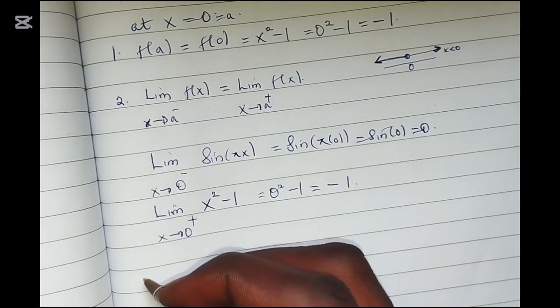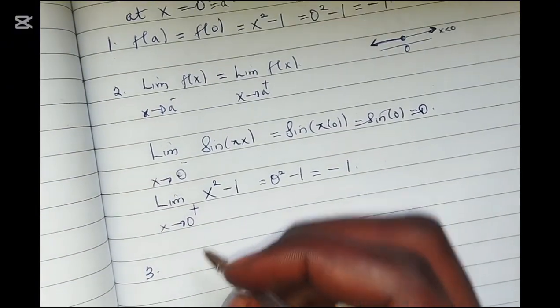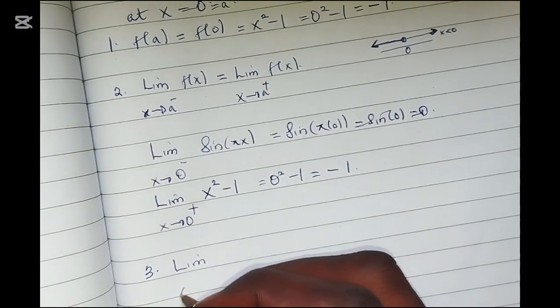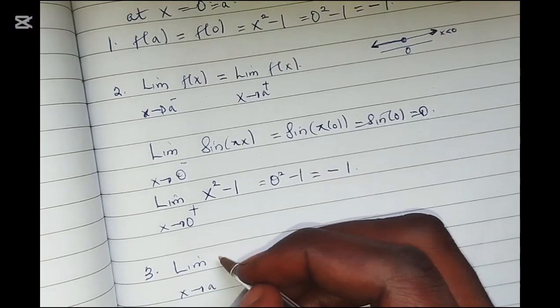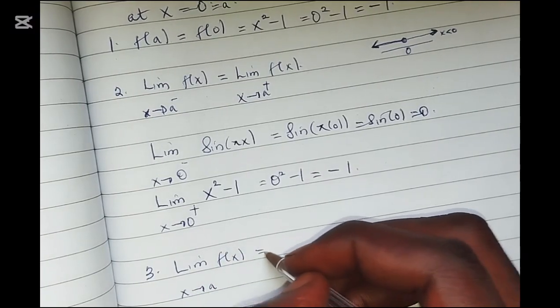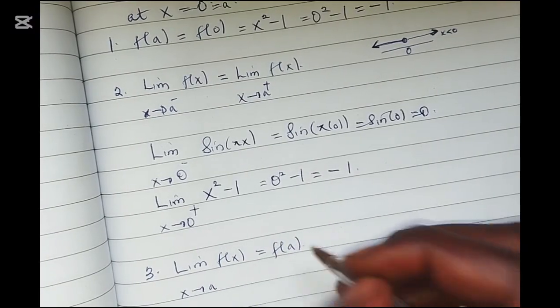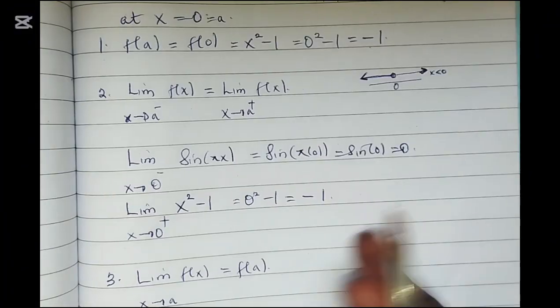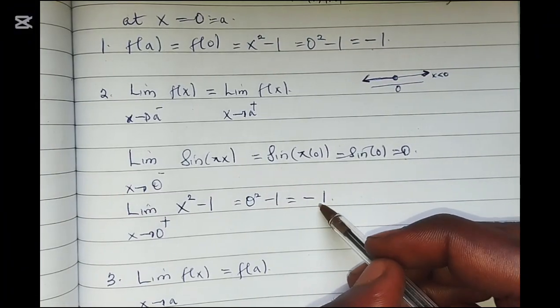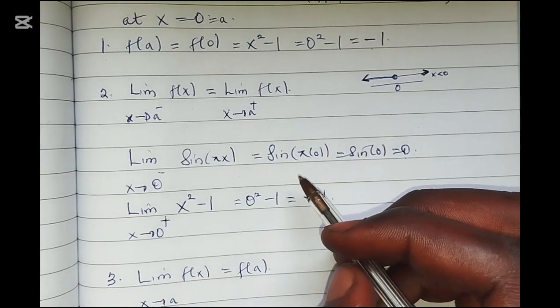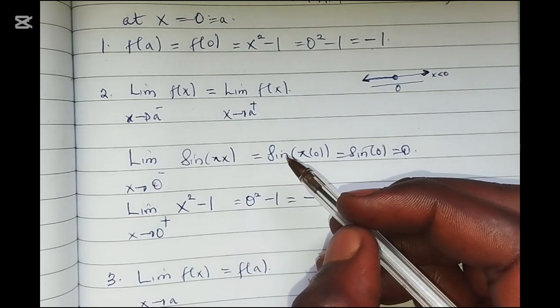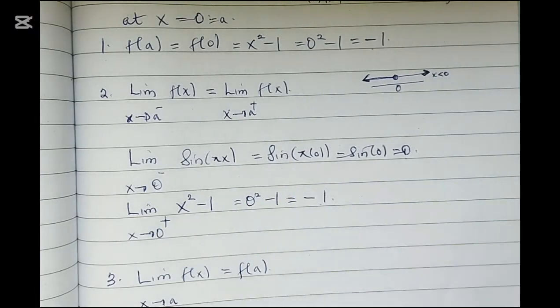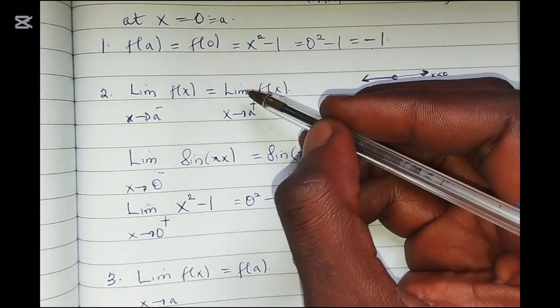So as you can see, the third condition, which is the last, says that the limit as x approaches a from both sides of the function must equal f of a. Now f of a is negative 1, and these limits are 0 and negative 1, which implies that the limit does not exist, since the two sides do not equal each other to begin with.